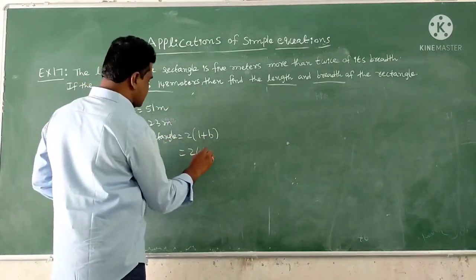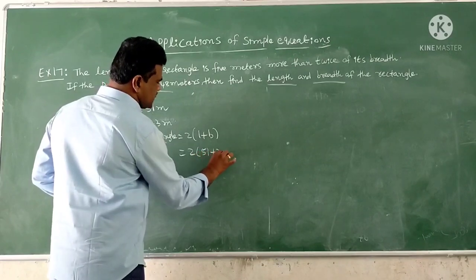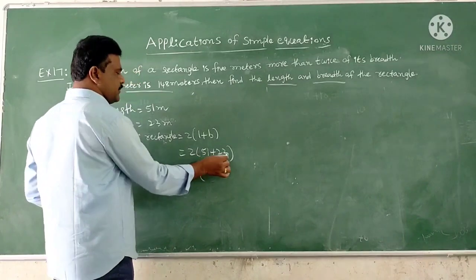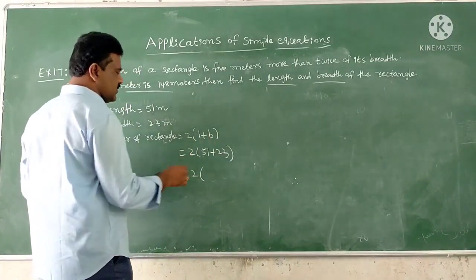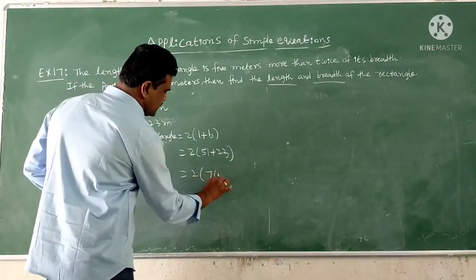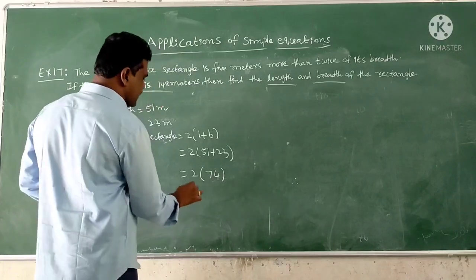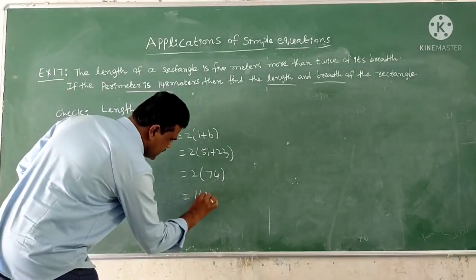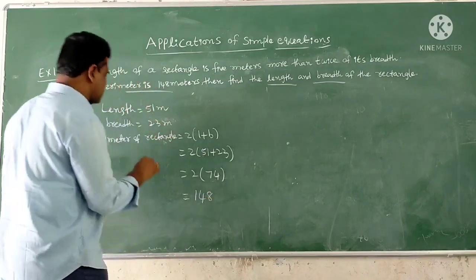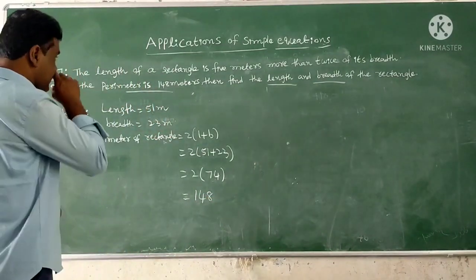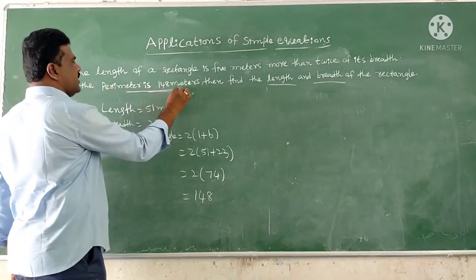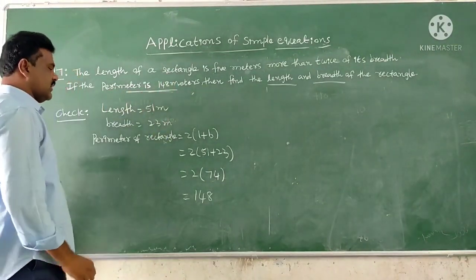So 2 into (51 plus 23), which is 2 into 74. Now multiply 2 into 74, we get 148. In the problem, the perimeter is also 148 meters. Hence, verified.